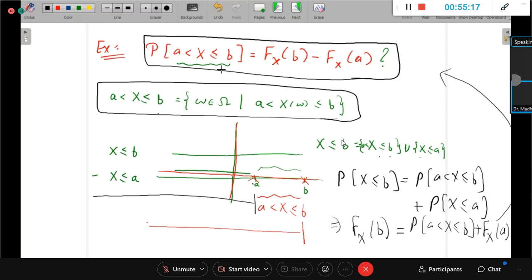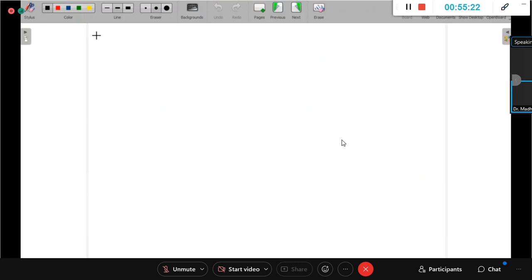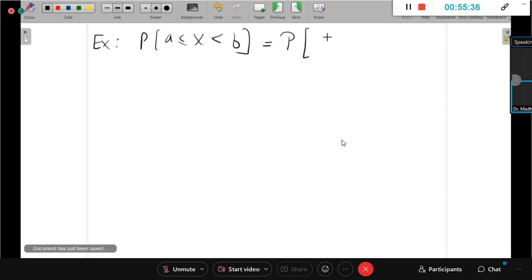Okay, right? So similarly, you can go for a less than or equal to X less than b. If I want to do this exercise, probability of a less than or equal to X less than b. Wait a minute.